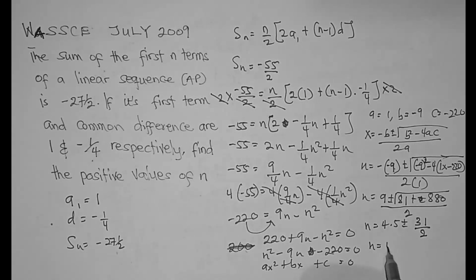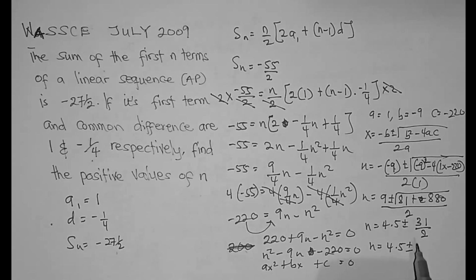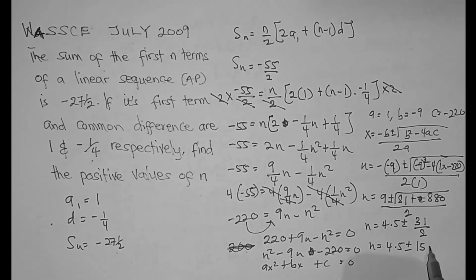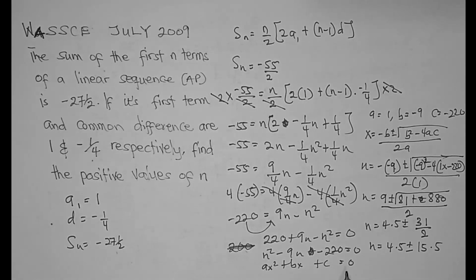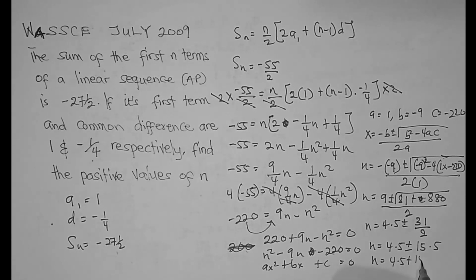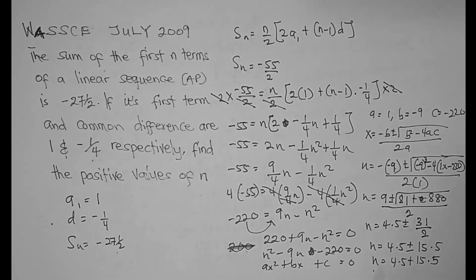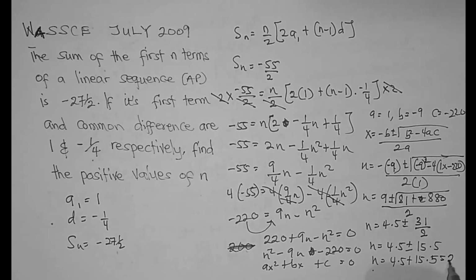So n is equal to 4.5 plus or minus 31 divided by 2 is 15.5. So n can only be a positive integer, and therefore n is equal to 4.5 plus 15.5, and then 4.5 plus 15.5 is equal to 20.